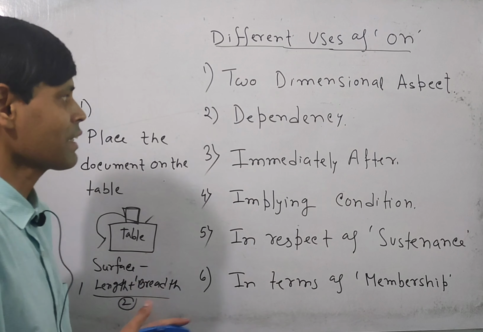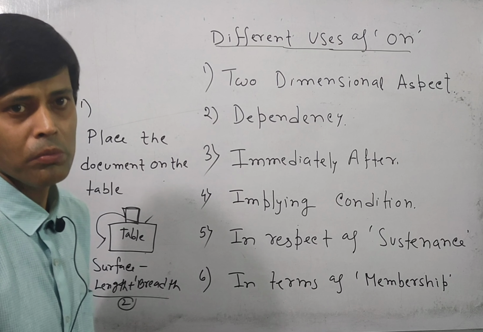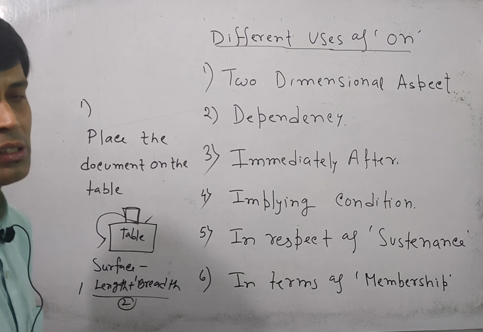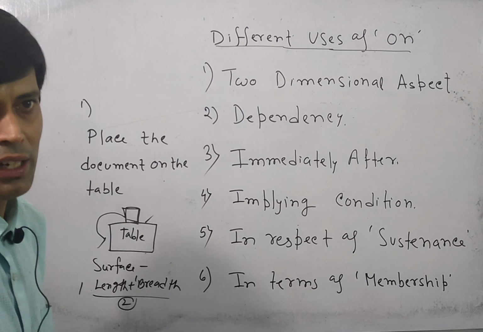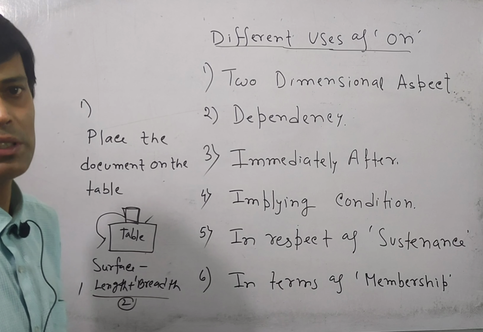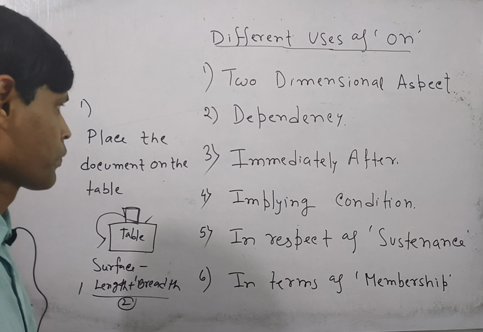There are 3 dimensions: length, breadth, height or volume. Out of the 3, 2 dimensions must be matched. Here 2 dimensions are matched. Suppose you all are standing on the floor. That means the floor has 2 dimensions. So in that case we can easily use on.